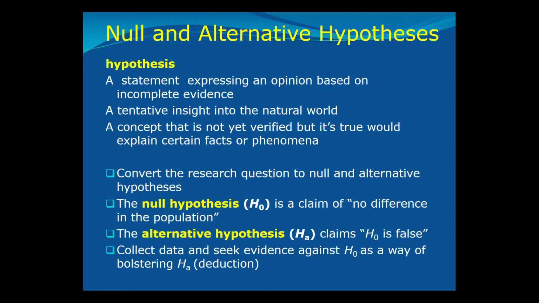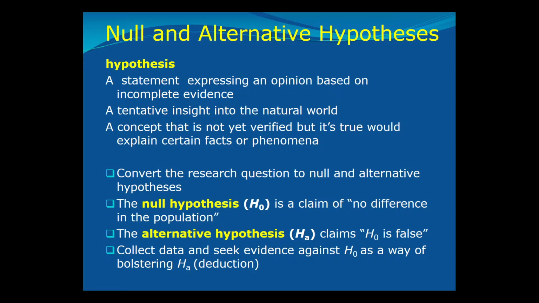Then, after we set up null hypothesis and alternative hypothesis, both these hypotheses are set up together. It is impossible to set up one hypothesis only. It is necessary to set up both hypotheses, null and alternative.